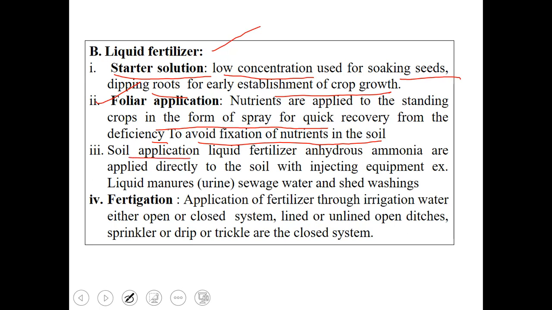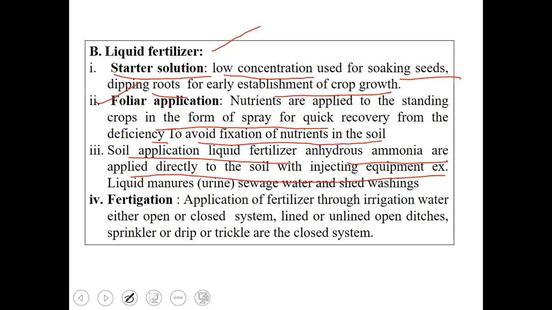Soil application of liquid fertilizers like anhydrous ammonia are directly applied to the soil with injecting equipment. So liquid fertilizer can be applied to the soil also, instead of the leaves or foliar, with the help of injecting equipment.